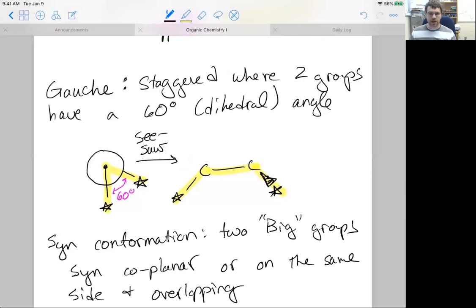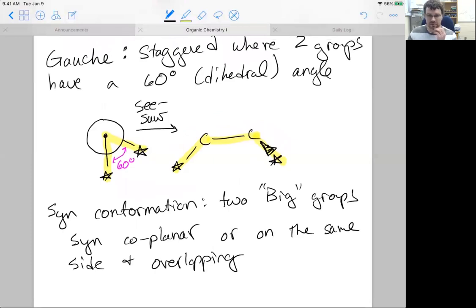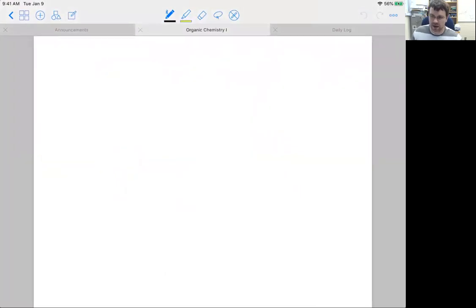Okay, what's interesting about all of this is when we look at the energetics of these systems. We can start to see a new topic emerge that we'll talk about quite a bit, especially in the next module, and that is steric hindrance.